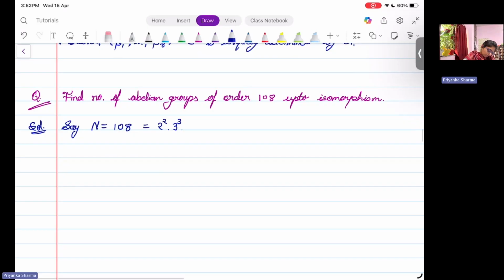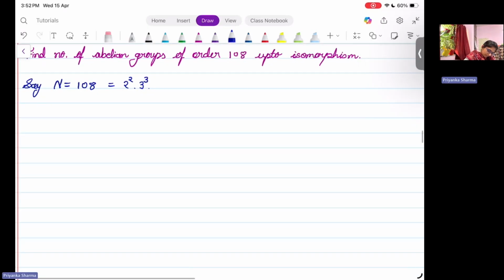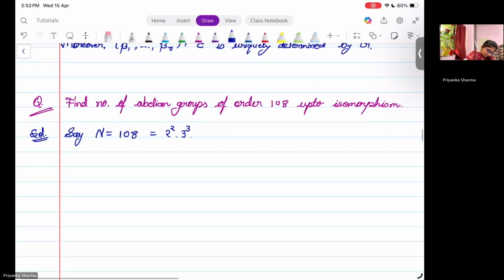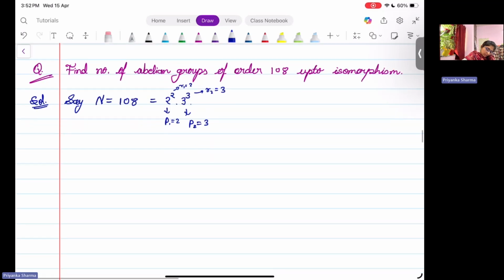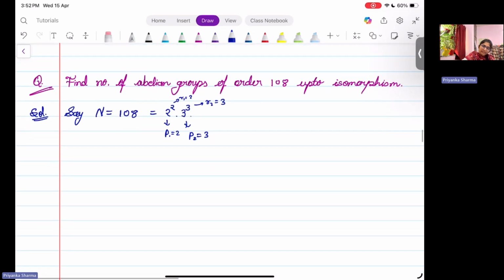and then we have 3 to the power 3. So it means we have two primes, that is p1 is 2 and p2 is 3, and say r1 is 2 and r2 is 3. So now we will consider the partitions of their powers. What is the partition of 2?